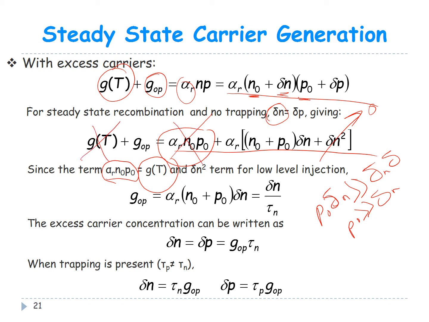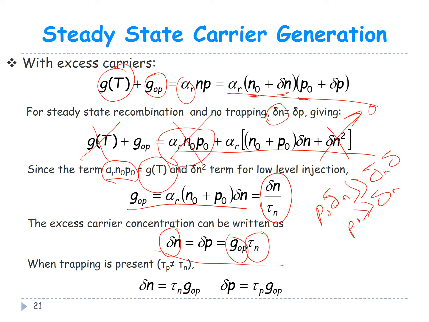And if this goes, everything is simplified to that, which is equal to that. So we can now express our excess carrier concentration in terms of the optical generation rate and the minority carrier lifetime. This is a very cool equation.